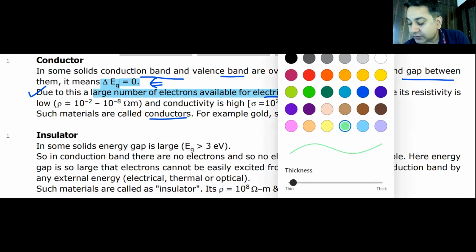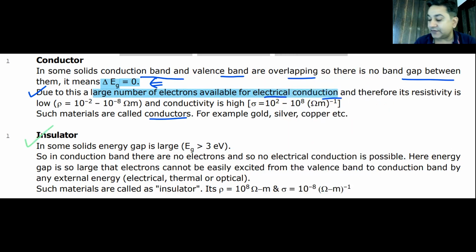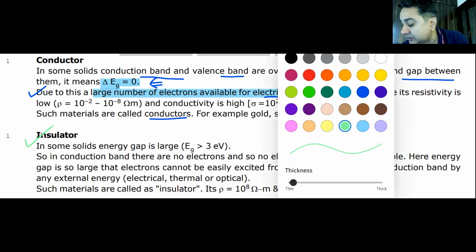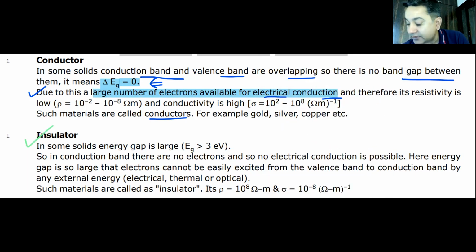Then we come on to the second category, which is the insulator. This color is not looking good. I will make it greener. The second category is the insulator. The energy levels are very high. Do we see this? Therefore, no electrons are available, and therefore it becomes an insulator. Do we understand this?